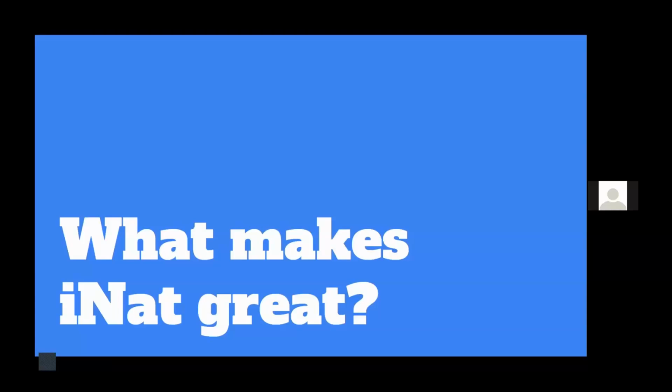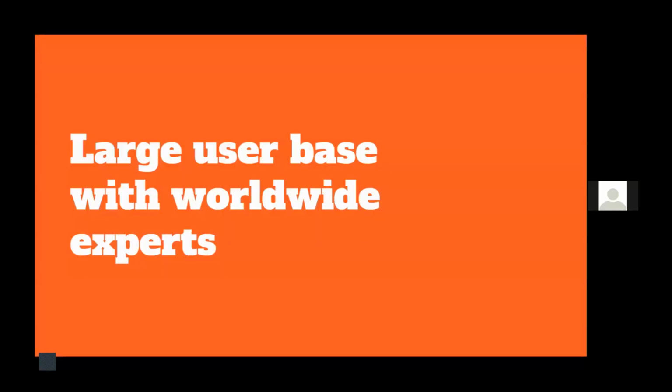In the meantime, we're going to talk about the iNaturalist platform and what makes it, say, better or different than other citizen science platforms. And one of the biggest things is, as it's become more popular and grown, you have a lot of users around the world.